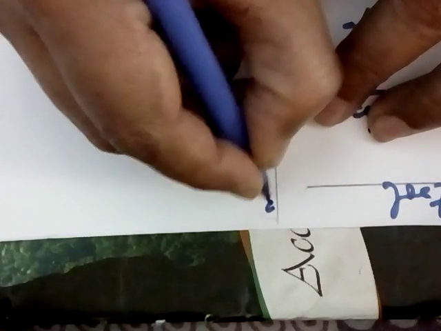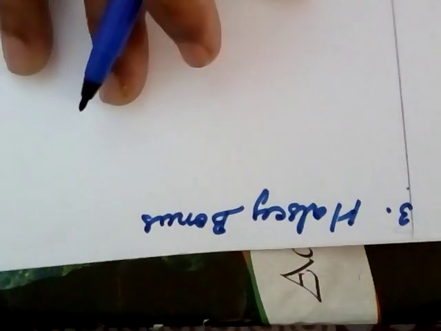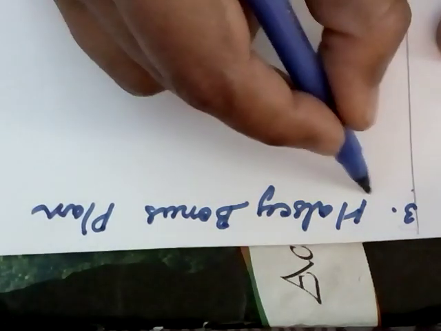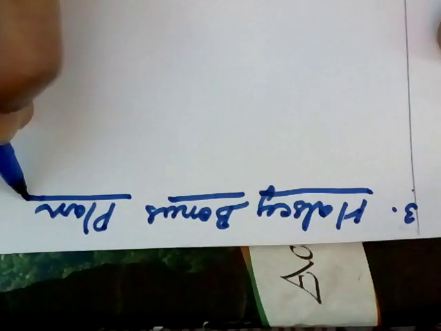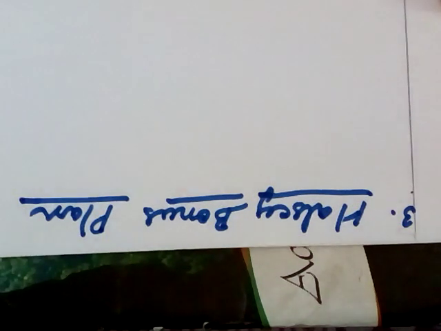The third method of calculation of earnings is under the Halsey bonus plan. Before we apply the formula for calculation of earnings, we need to calculate the standard time and the actual time taken, which are not given in the problem.